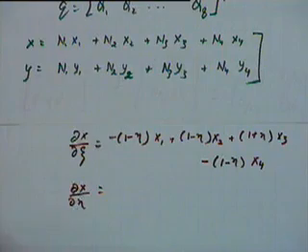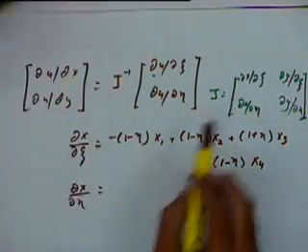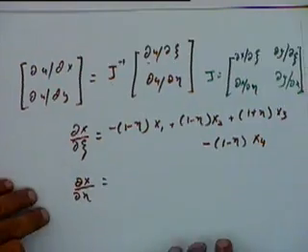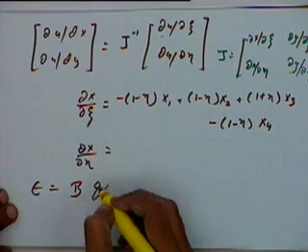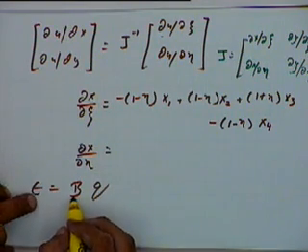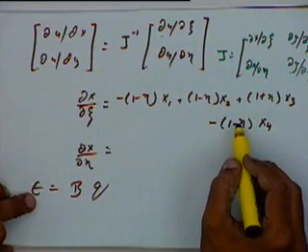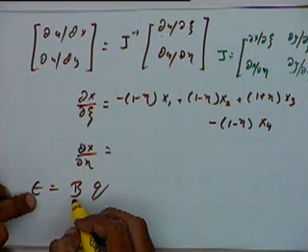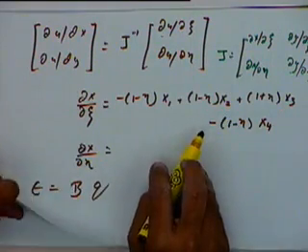After getting all these expressions here, I can finally come up with an expression for epsilon, which is equal to B times q. But now this matrix B will contain expressions of zeta and eta. B is not going to be a constant matrix. So B will contain expressions of zeta as well as eta.